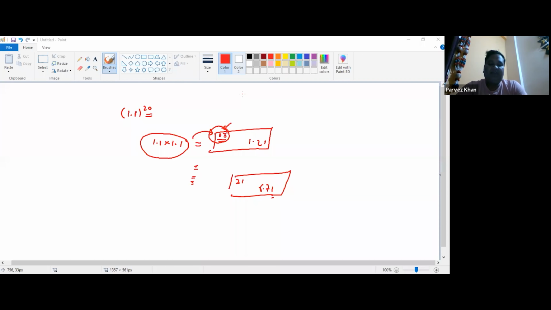All things are practice, like how you are practicing. Sir, which company calculator? Any company's normal calculator that shows power you can purchase: Casio, Citizen, any.